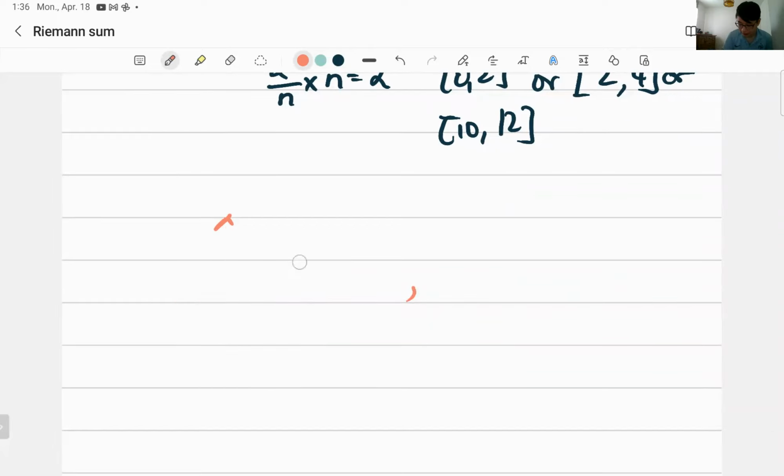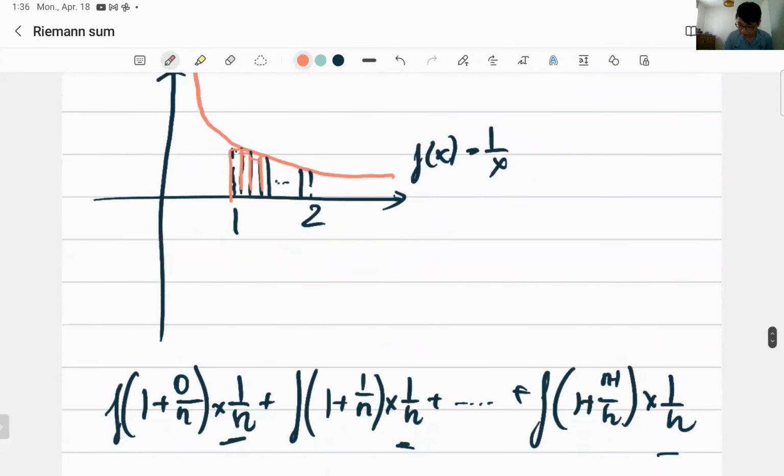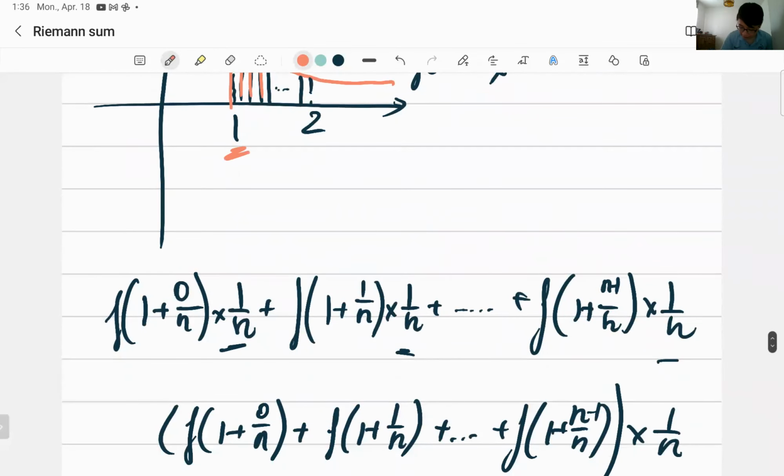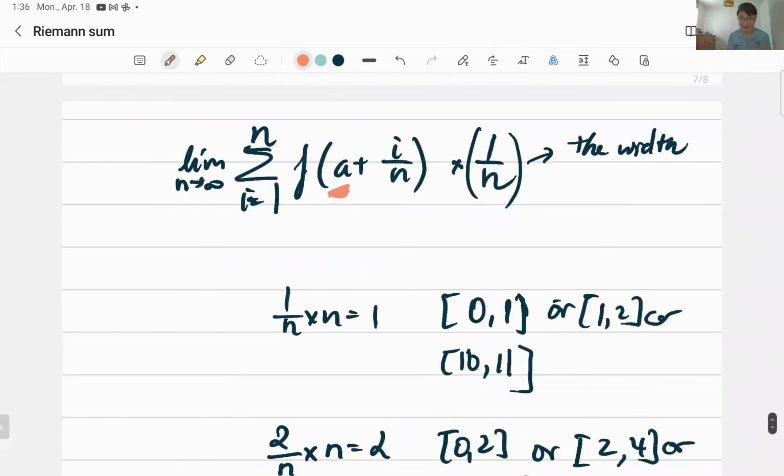Remember when I do the Riemann sum on this question, I use 1 plus 1 plus 1 plus. Why 1 plus? Because I'm starting at 1. So A is equal to the starting point of the interval.